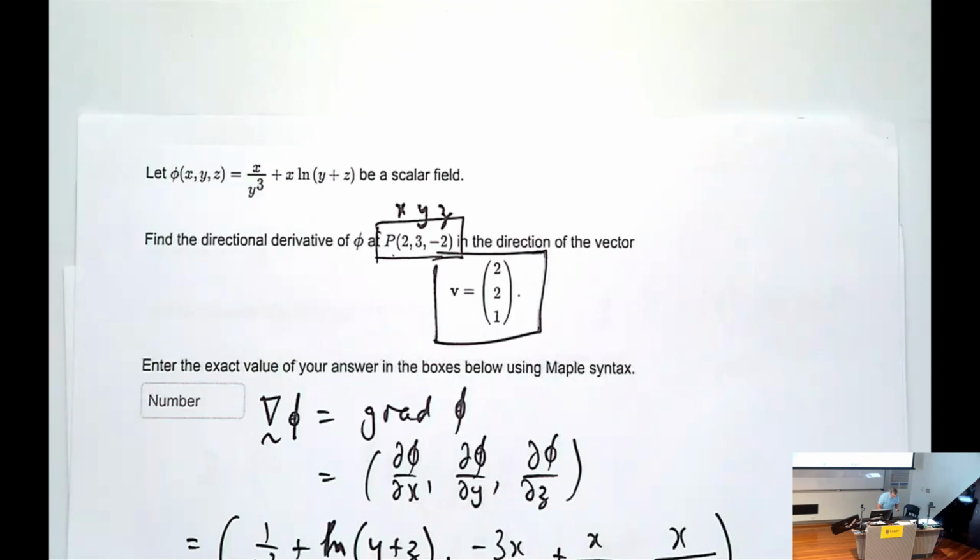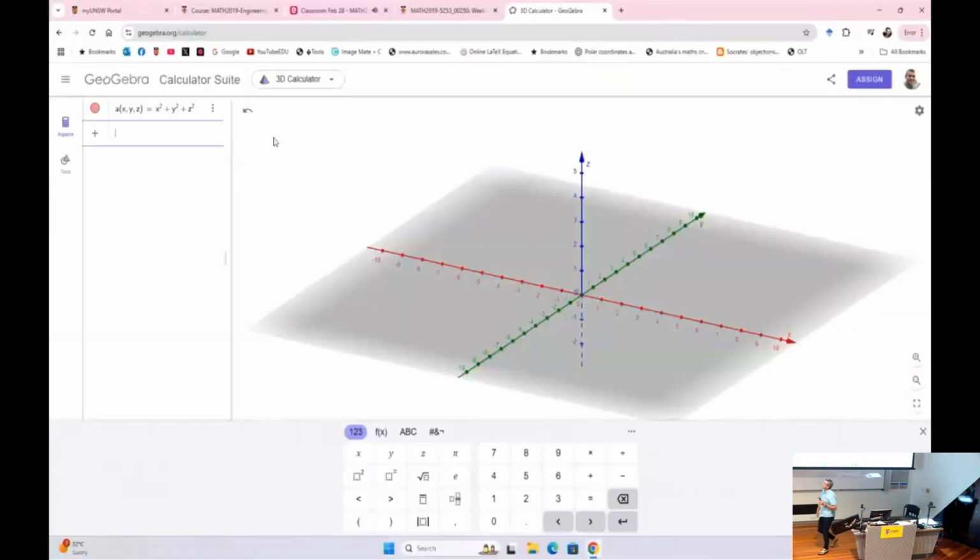Okay, you can handle that. Let's add one more. It can't handle that. Let me put this on for everyone at home. So I've put in x squared plus y squared equals z squared. It can't handle it. But what it can do, it can handle when that is equal to different constant values.